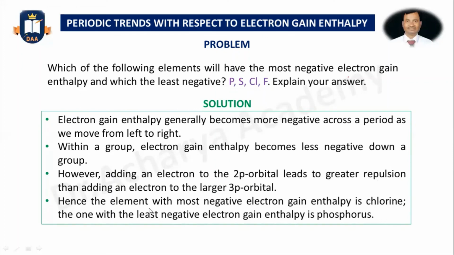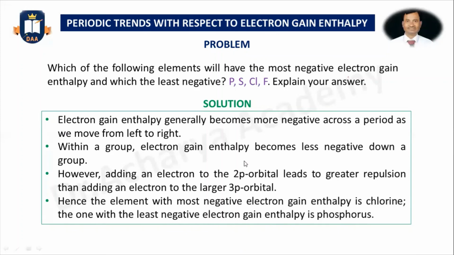So hence the element with the most negative electron gain enthalpy is chlorine. That means for chlorine it is very easy for an electron to enter its orbitals because electron repulsion is less. The element with the least negative electron gain enthalpy is phosphorus. If you look at phosphorus, group wise it is below, and that is the reason.